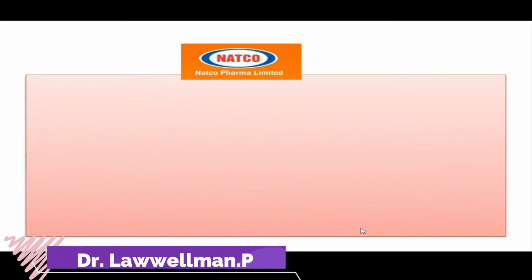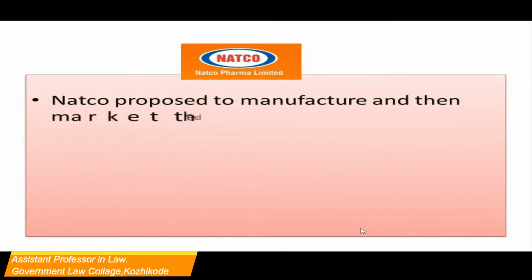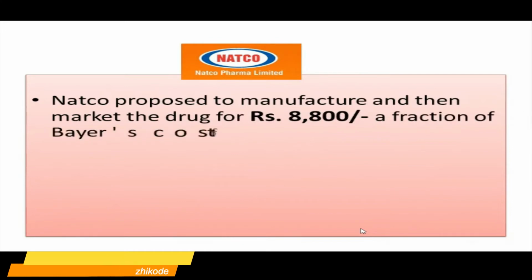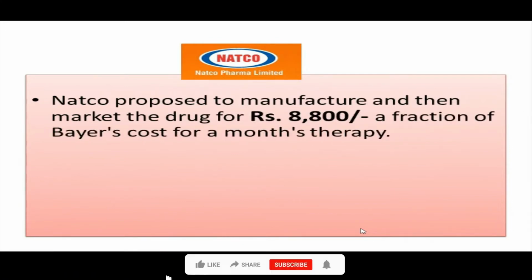Now let's see the other side of the story. NATCO is an Indian company, a Hyderabad-based company, to my knowledge. And NATCO proposed to manufacture and then market the drug for rupees 8,800. So as against 2.3 lakh per month, they are going to sell it for 8,800.